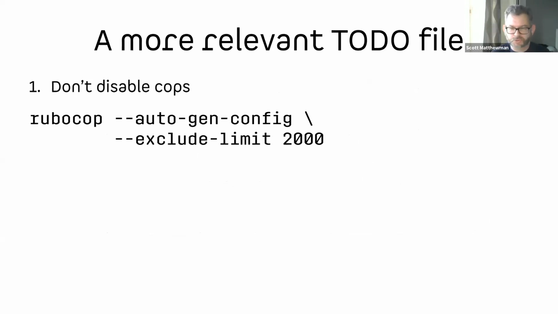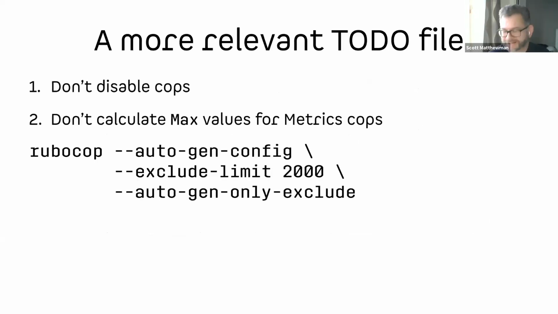Or you can basically pick any number that is larger than the number of Ruby files in your project. You can also stop it calculating those maximum values using the not entirely intuitive Autogen only exclude. What it's basically saying is only actually list files as files to exclude from the cop.